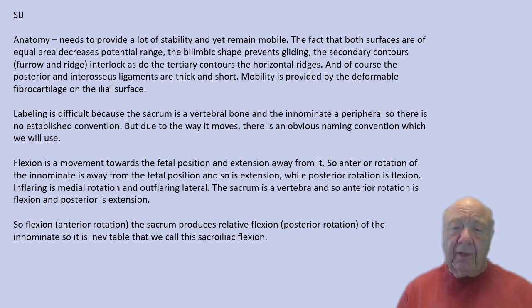Mobility side, probably the reason why it's got any mobility at all is simply because one of these surfaces is deformable fibrocartilage. And if you put weight through it, you squeeze the surfaces together and you can deform the fibrocartilage with body weight. So this is how you get the mobility that you do. As we talked about in degeneration, the mobility decreases because the articular surfaces, the hyaline, gets thinner, but the ridges, the contours, get more emphasized.